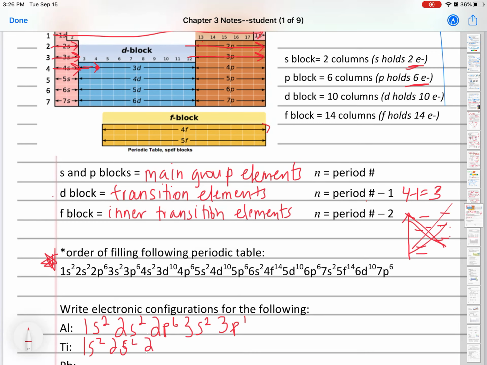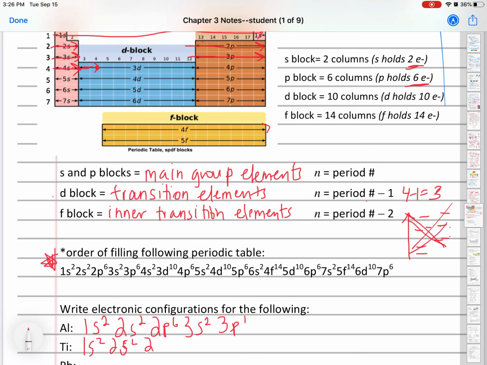So shorthand electronic configuration, we also call it noble gas shorthand or noble gas configuration, because we use the noble gases as a way to abbreviate. All right, so we use the previous noble gas as a way to abbreviate the first set of electrons, and then we only specify the outermost electrons.